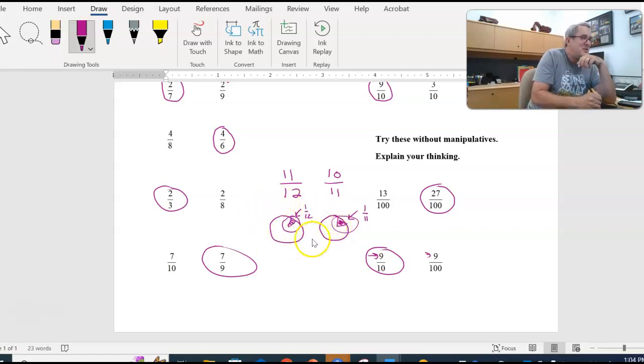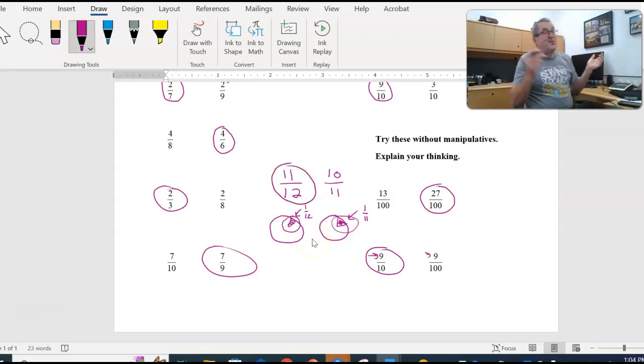Therefore, this one is going to be bigger. Do you see that? So a strategy for comparing fractions when they're really close to one whole is to see how close they are.